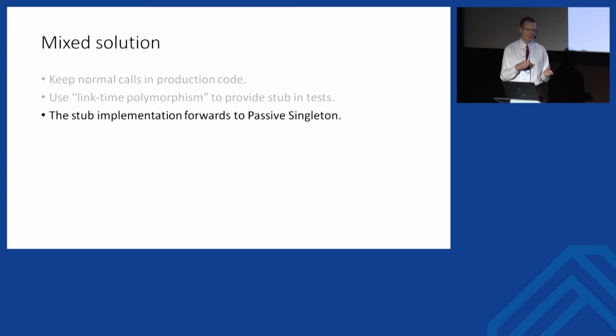If you do it this way, the stub has no real logic. It just forwards to an object it assumes exists, because it's a passive singleton. In the tests, you write the test as if you were writing it with the passive singleton. So at the beginning of the test, or in your test suite, or wherever suits you, you construct the singleton object instance to be whatever you need, whether it will be a mock, any test double, or the real implementation, and the stub will forward properly to your interface, which will do what is expected.